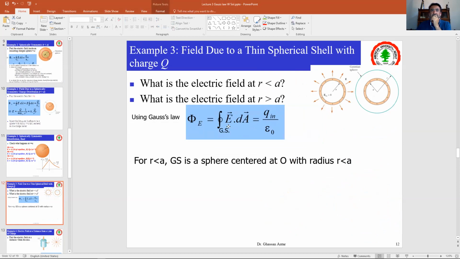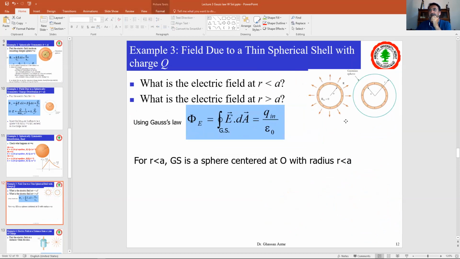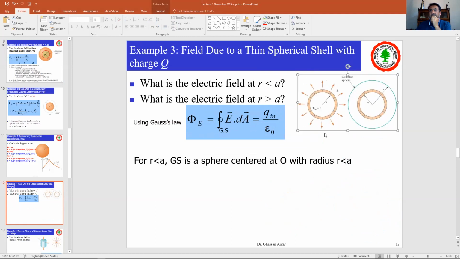I hope this is all clear. So what now? Let's apply Gauss's law.